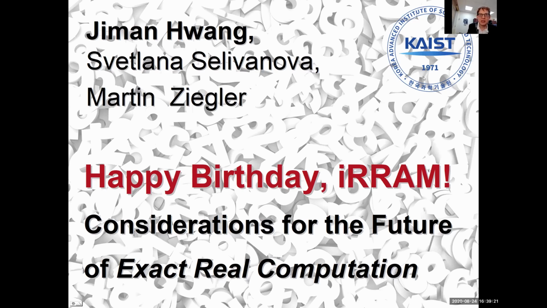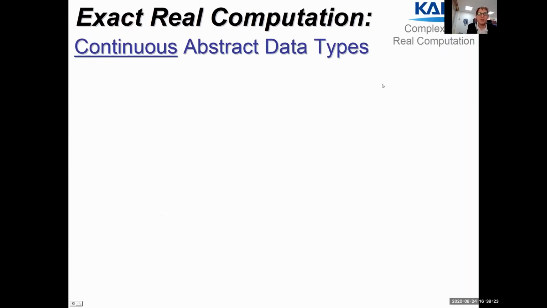So what is the essence of exact real computation? It's to have continuous abstract data types and thus complementing all the discrete abstract data types that have been prevalent in classical computer science as well as in computer algebra. For instance, computers operate on bytes, but the abstract data type allows to operate on integers without having to worry or take care of wraparound effects.